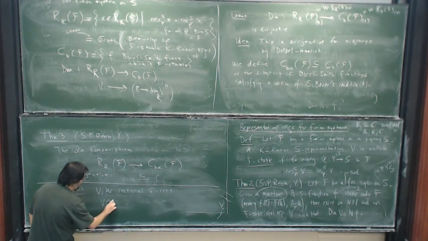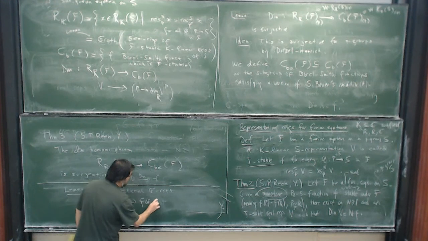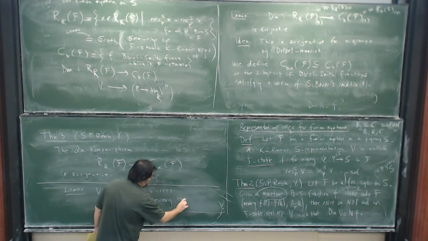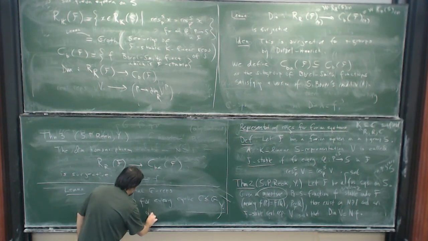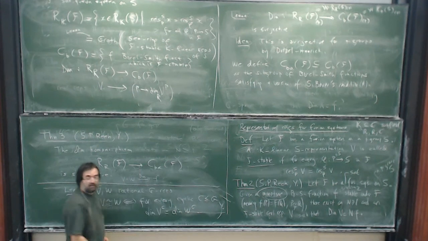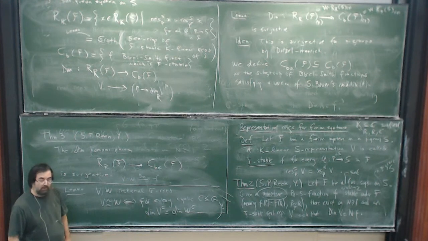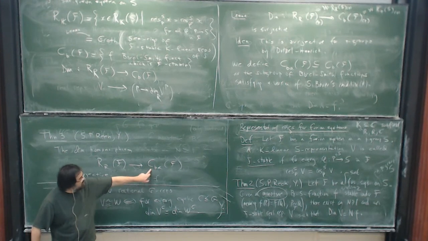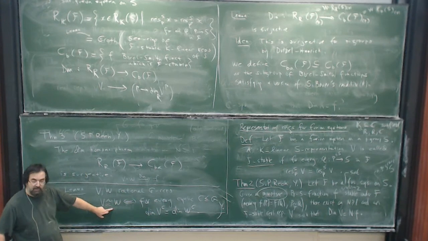We have this theorem: they're isomorphic if and only if for every cyclic subgroup inside G, the fixed points are the same. So this means the dimension function detects if they're the same. Okay. Why is that actually true? Remember the dimension function was the dimensions of the fixed point sets.